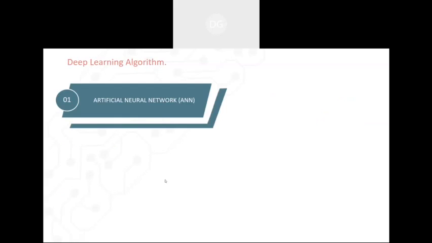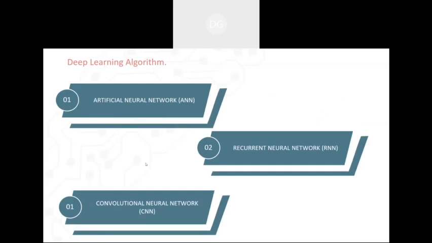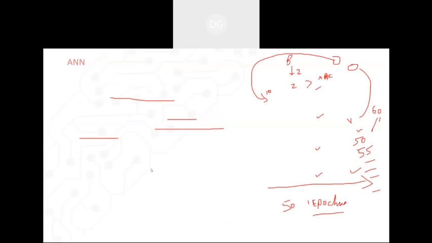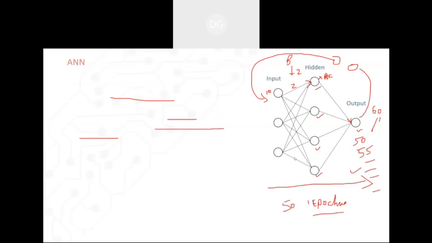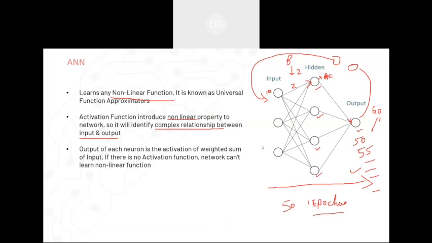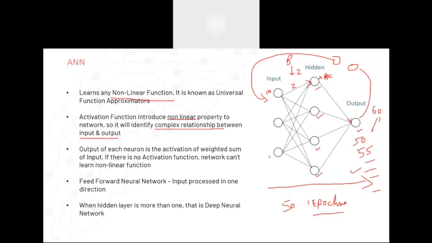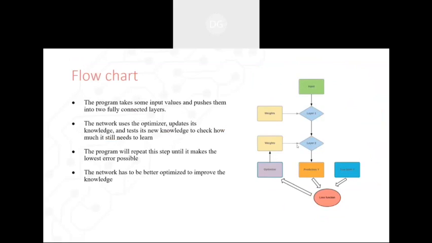And then what are all the algorithms we have seen? Artificial neural network, recurrent neural network, and convolution neural network. In the artificial neural network, we have a simple architecture, so no recurrent values will be there. Only forward propagation, or feed forward, will be there. And this is the flow chart.